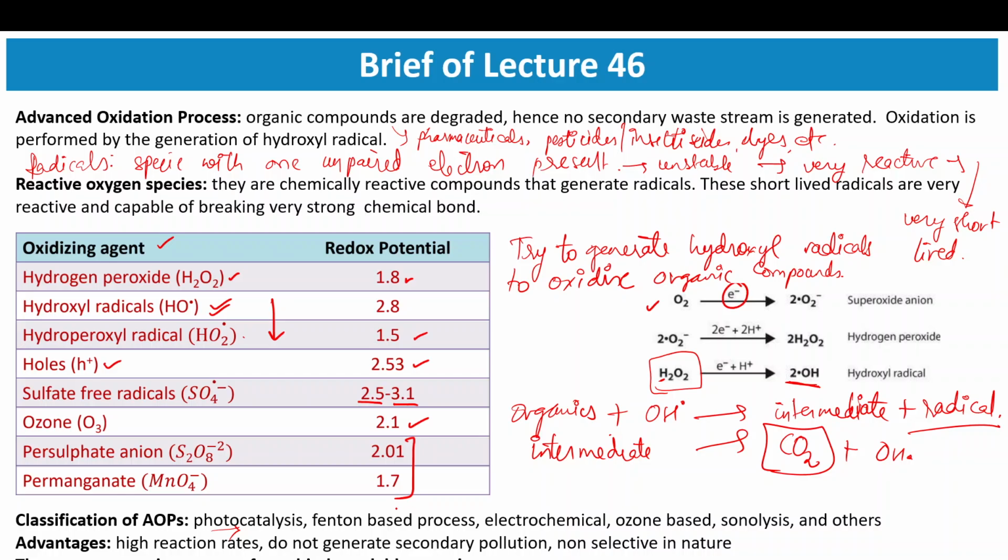So you are generating clean water, but at the end you are having some secondary pollution in some other form. So here you can say, since the pollutants or the organics are converted completely into CO2, there is no secondary pollution.